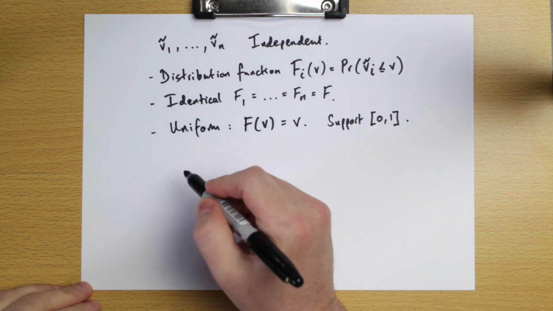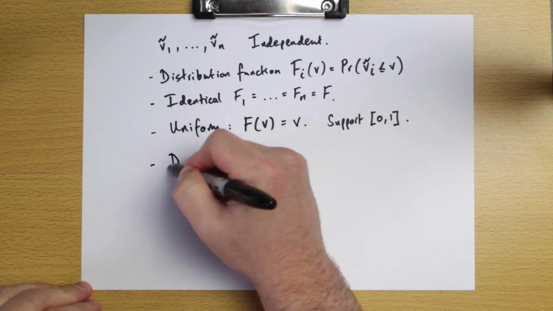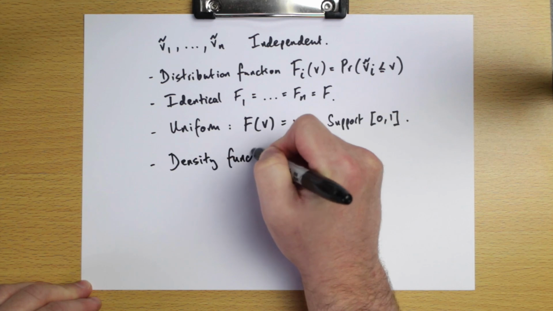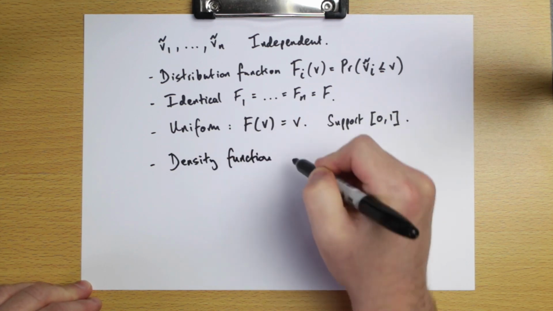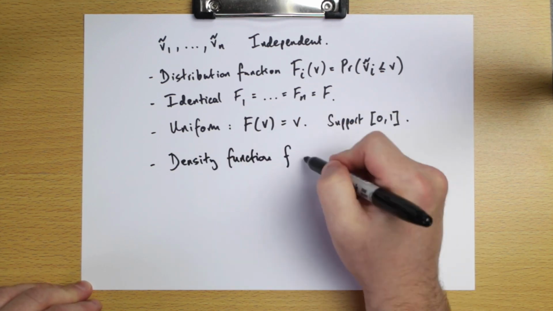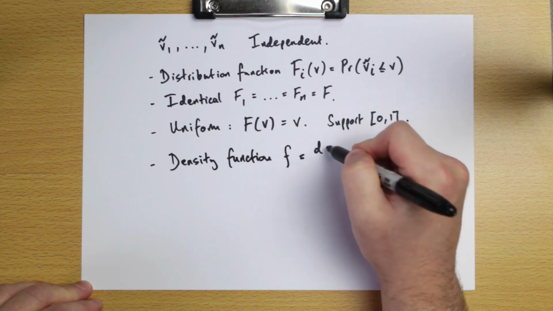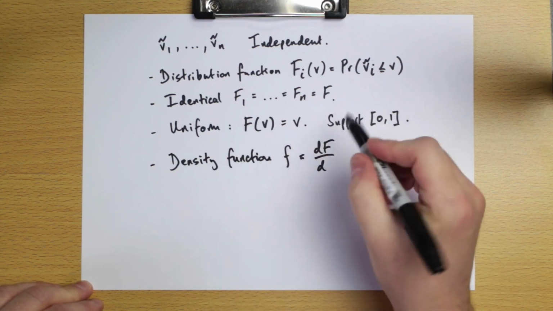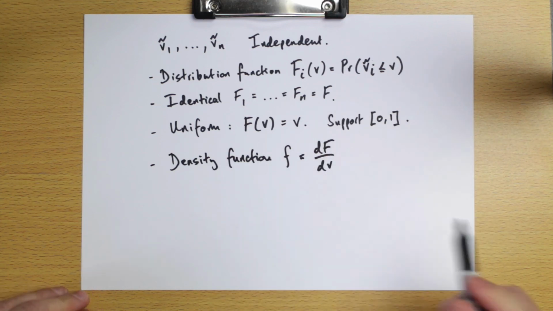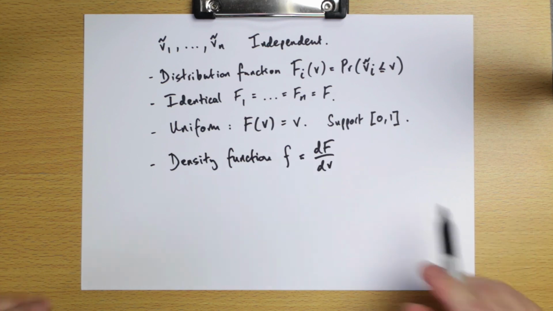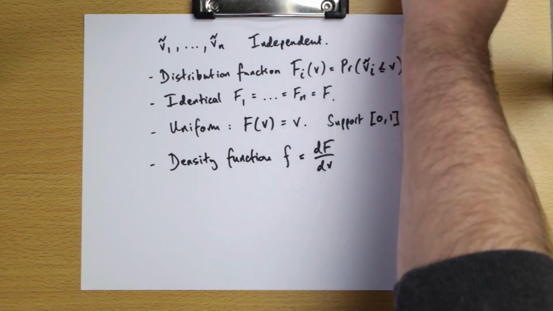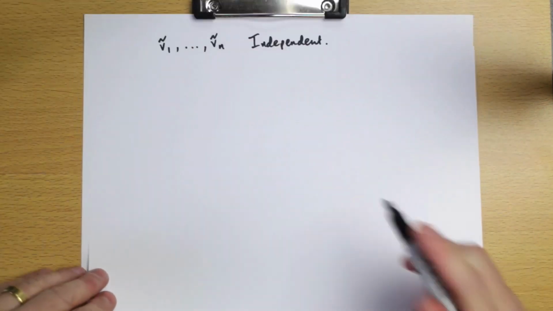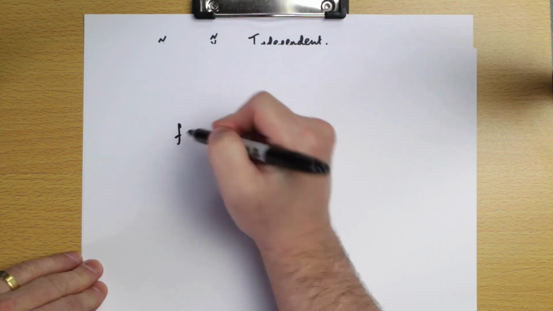Just remember one other idea, which I think we came across: the idea of a density function, which we typically denote small f. You can remember that you find the density function by differentiating the distribution function. What would that mean? Essentially, it's describing the probability within a small area.